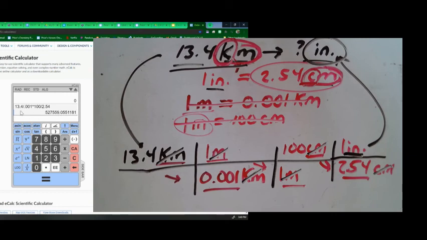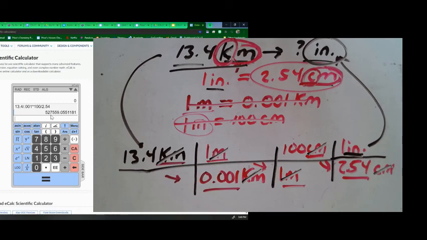So you look at how many significant figures there are in the question. 13.4. Well, that's 3 significant figures. So we want to round off our answer after the third digit. So we have 527. Now remember that the 5 here changes the 7 here into an 8 because you want to round off.